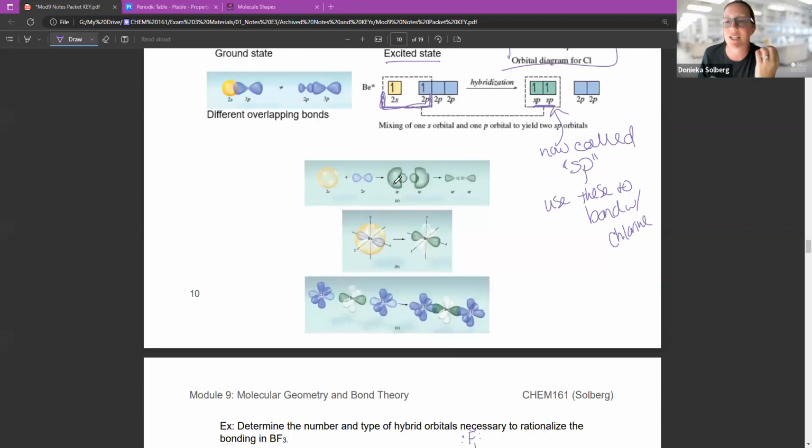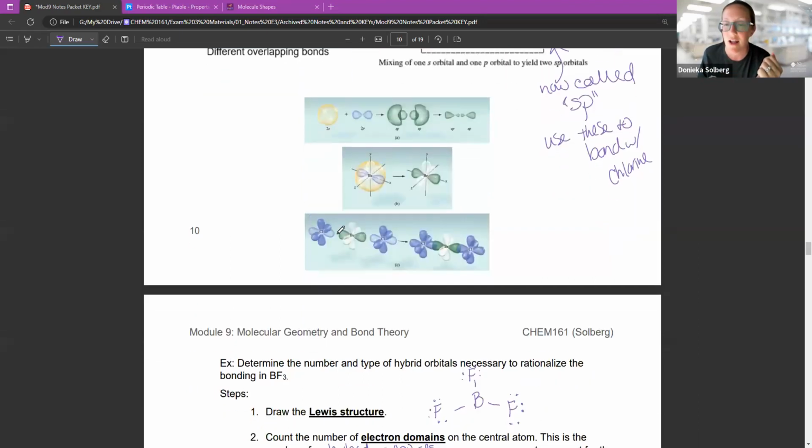When we mush them together, we make hybridized orbitals that look like this. So instead of being a circle and a dumbbell, they look like this, which are exactly the same. Now one can go on one side, and one can go on the other. That was the 2s, this was the 2p. When they hybridize, we now get these that are 180 degrees from each other, and those can bond with the chlorine p orbitals that need to be bonded.